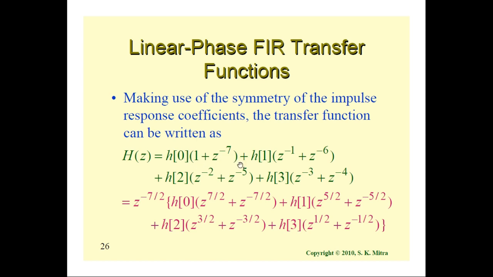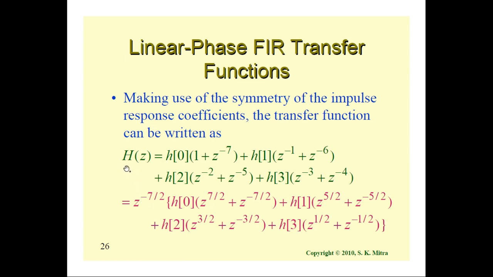So because capital N is 7 in this case, we will take z power minus 7 by 2 as a common factor, not only in the first term but also in all other terms. Having taken z power minus 7 by 2 as a common factor from the first, second, third and fourth term respectively, we are left with this expression, and z power minus 2 is a common factor.